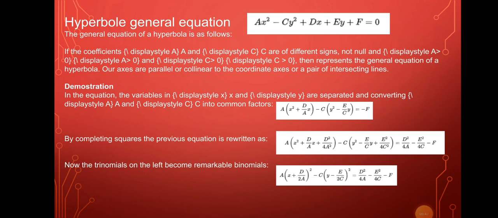Demonstration. In the equation, the variables x and y are separated, factoring A and C out as common factors. By completing squares, the previous equation is written as follows.